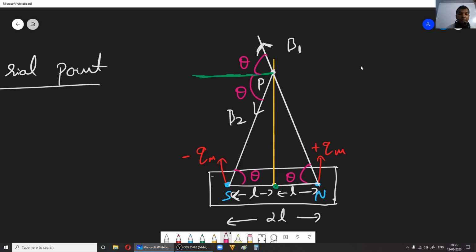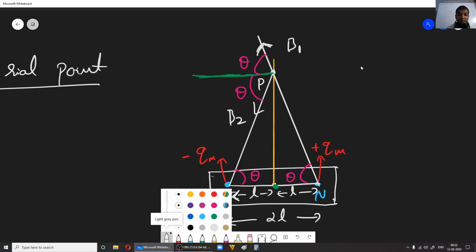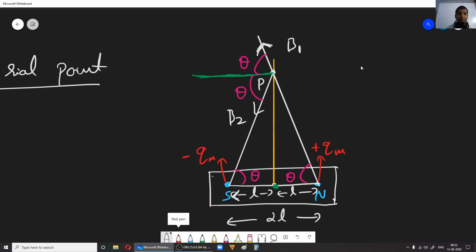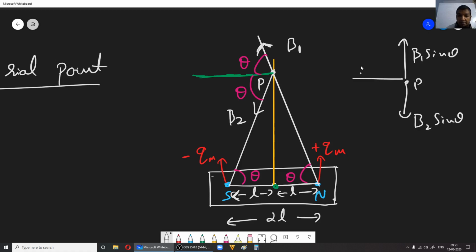Now if you resolve B1 and B2, North Pole and South Pole are both equidistant from point P. So the magnitude of the magnetic field at P due to North Pole and due to South Pole is the same, but the directions are different. If you resolve, you'll get B1 sine theta and B2 sine theta at point P, and B1 cos theta this way and B2 cos theta also this way.